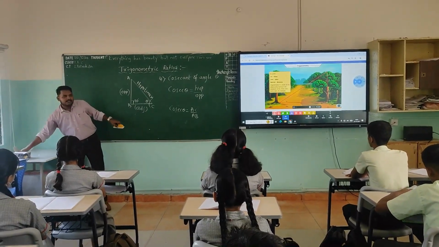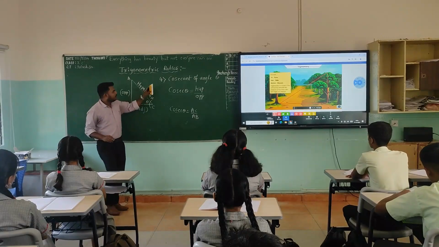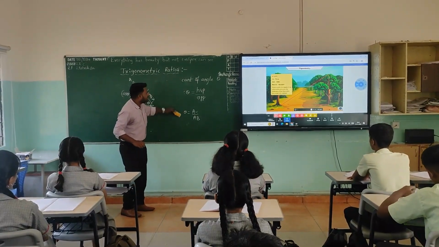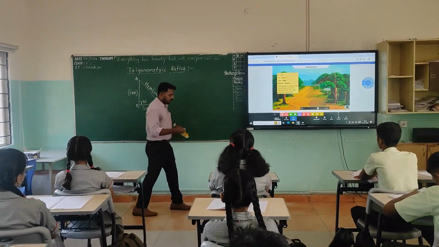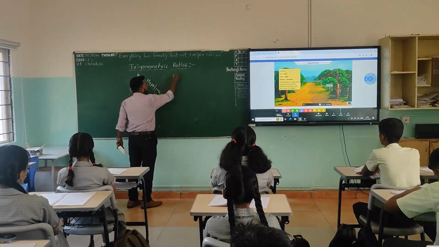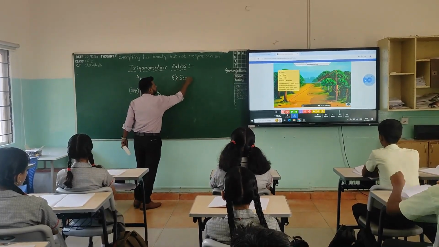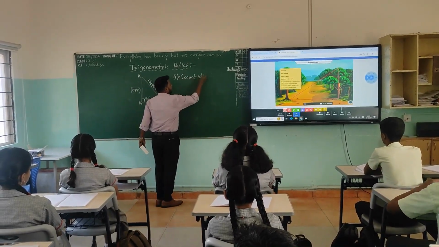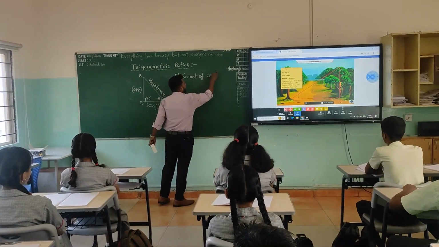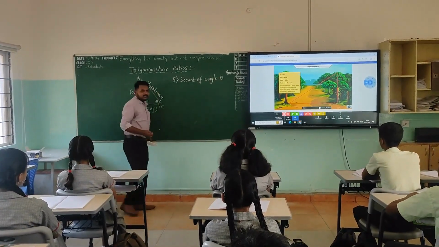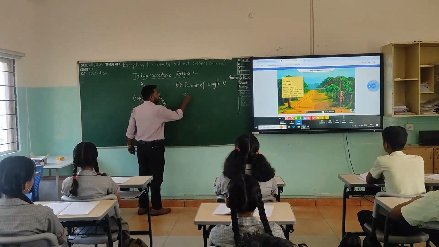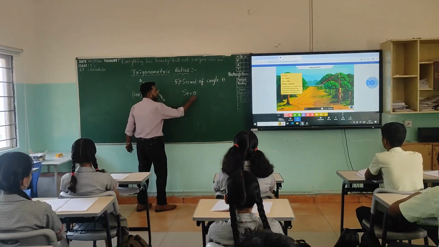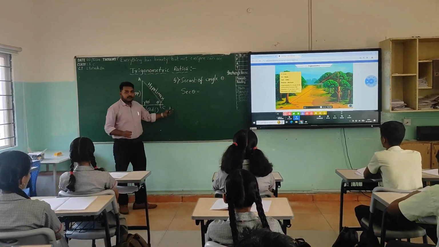So next, the second ratio cos theta. We have the reciprocal of cos theta, which is the secant of angle theta. So the fifth ratio is the secant of angle theta. We write it as sec theta, the reciprocal of cos theta.